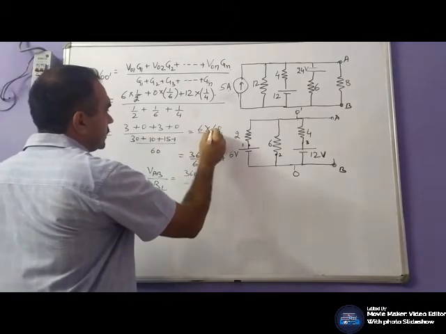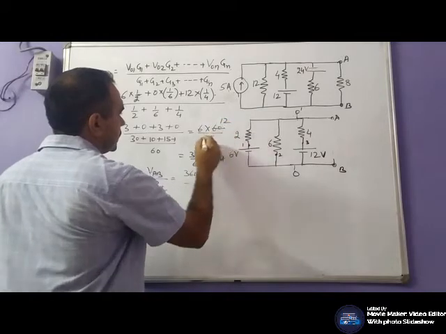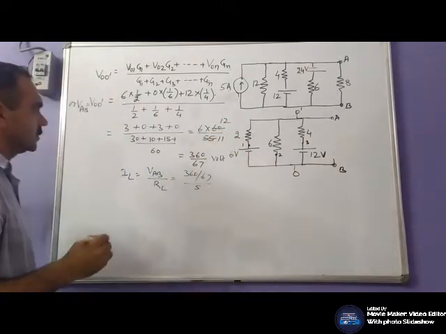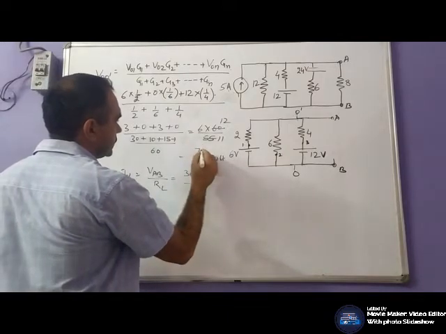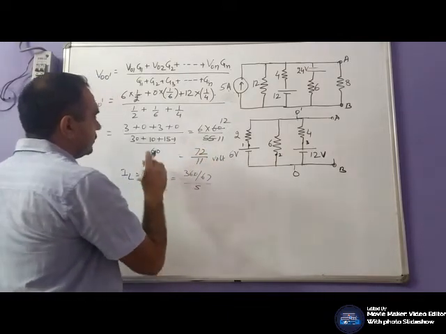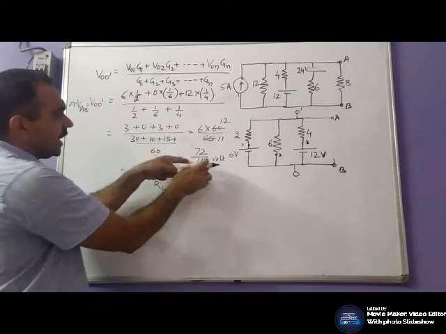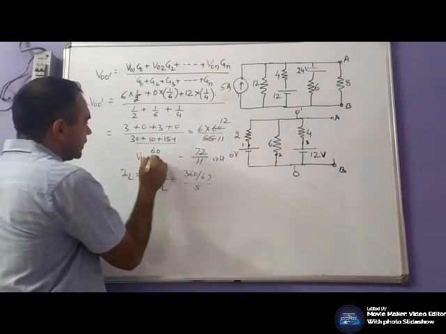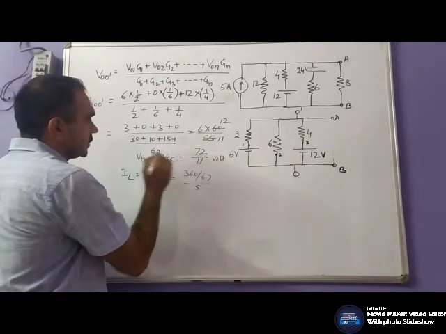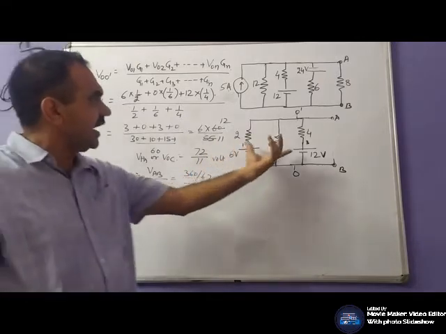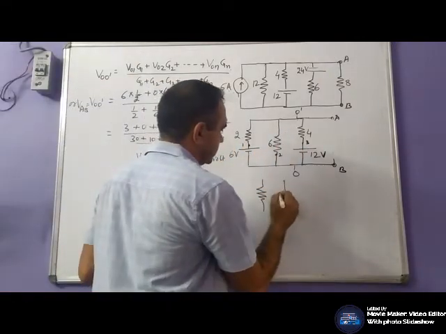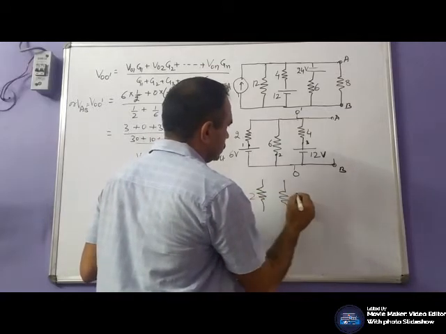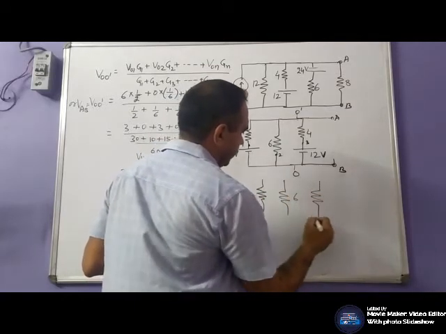That would be 72 by 11 volt. Now this voltage is VThevenin or VOC. Next we will find out the equivalent resistance. 2, 6, 4.